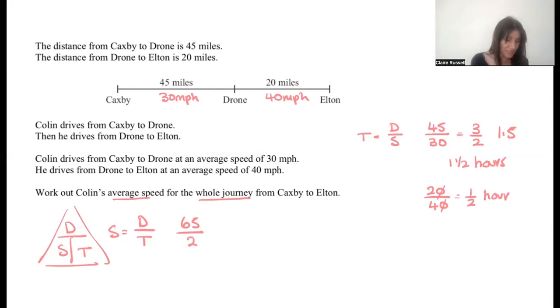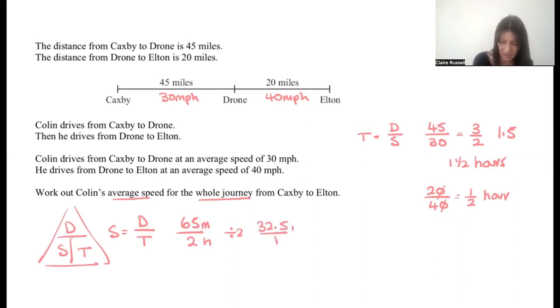Okay, so I've got 65 over 2. I want to know miles per hour. So I've got miles here and I've got hours here. At the moment, I've got miles per 2 hours. So I'm going to need to divide by 2 so that I can get it per hour. And 65 divided by 2 is 32.5. 2 divided by 2 is obviously 1, which is what I want.